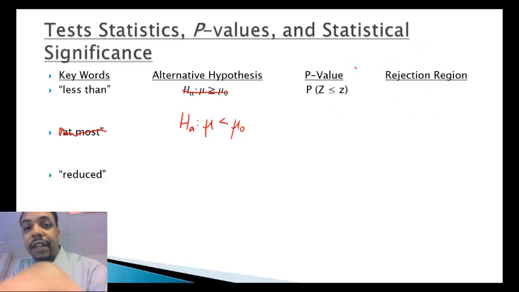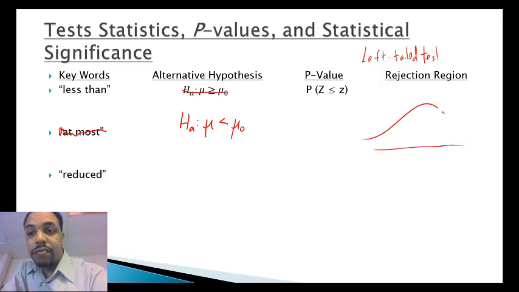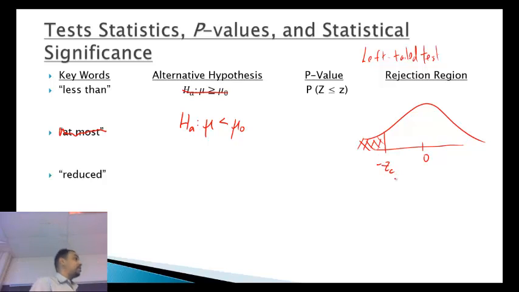And you get the idea here that you probably have a left tail test. In which case you would say, okay, any values of z that are smaller than my cutoff point, that's below the mean, I guess you could say.